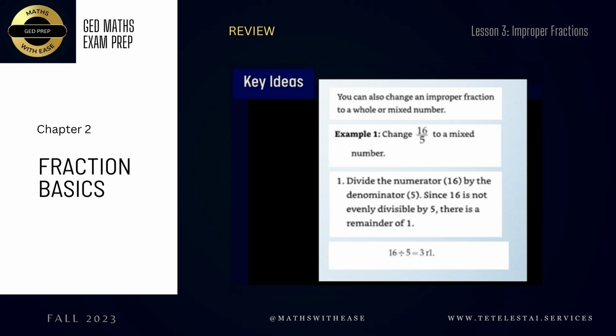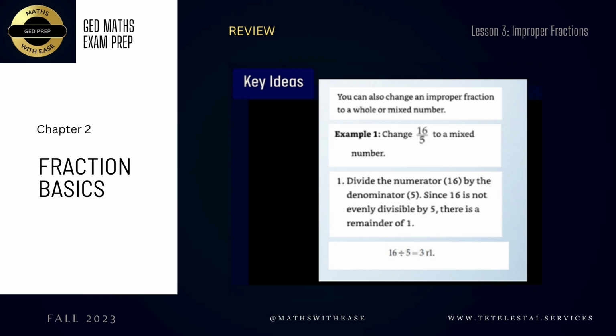All 3 are divided into 5, and all 3 have the 5 parts shaded in. And then we have 1 circle with only 1 part shaded in gray, and 4 parts are not shaded in, right? Or we can represent that as 1/5, right? So we have 1 circle where only 1 part of the 5 are shaded in gray.